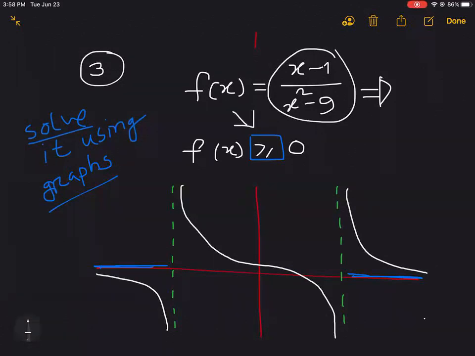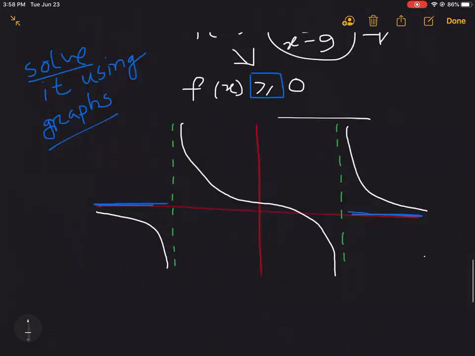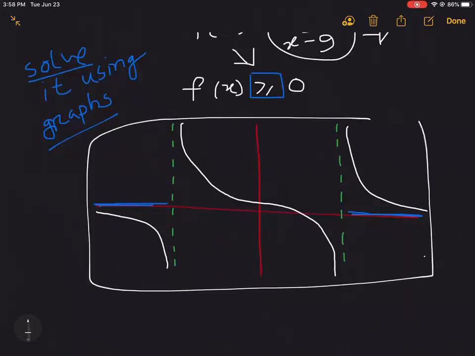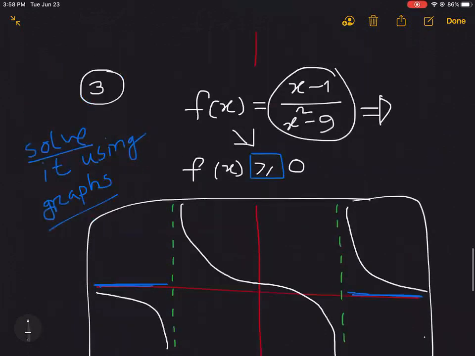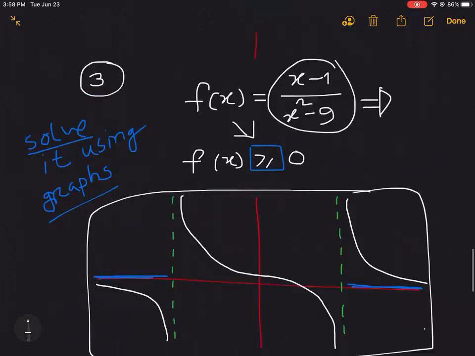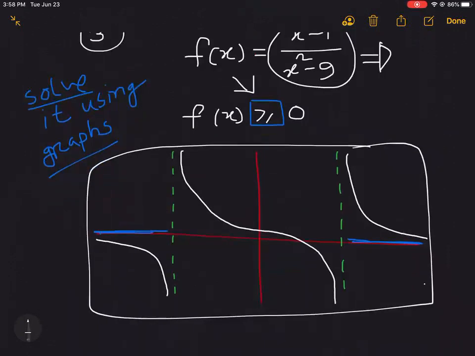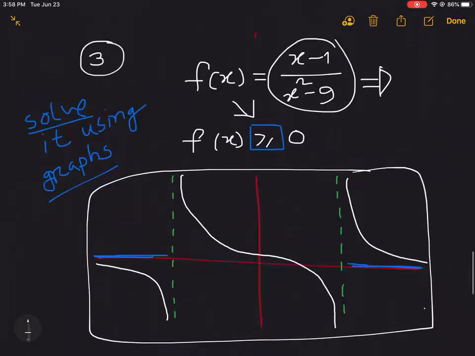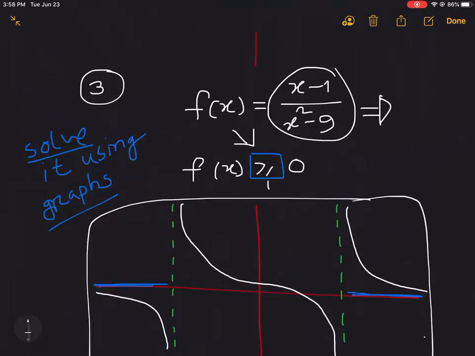So in your quiz, this graph will be given, so no worries about that. I won't ask you to graph this because that will be too much work; graphing needs a lot of time as well. All you need to do is eyeball the values of x for which this inequality will hold.